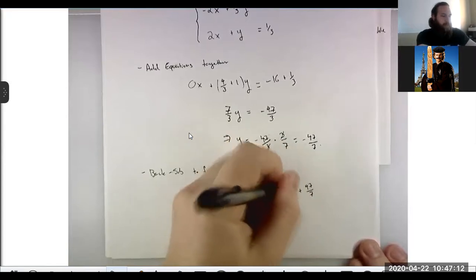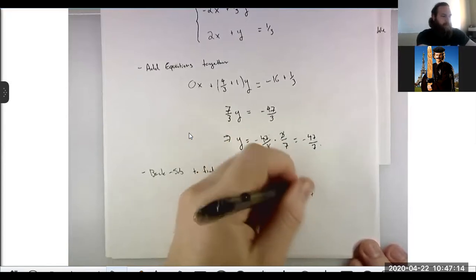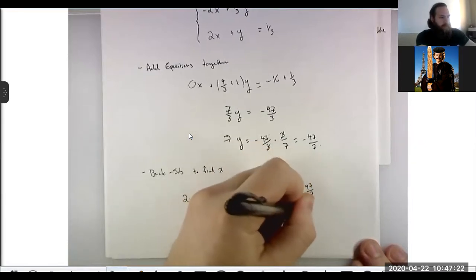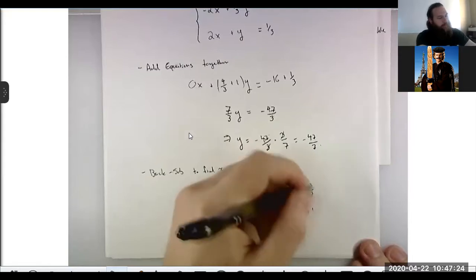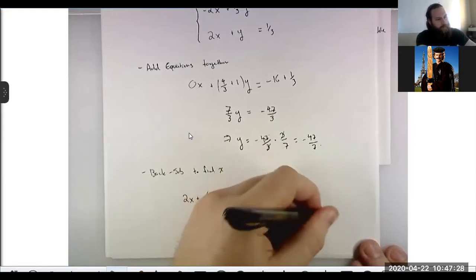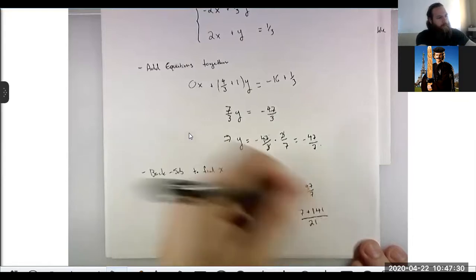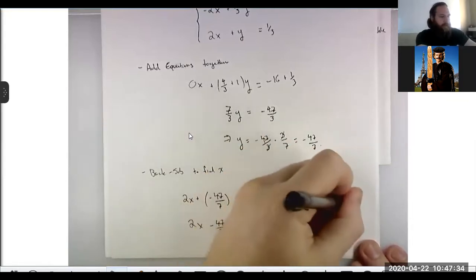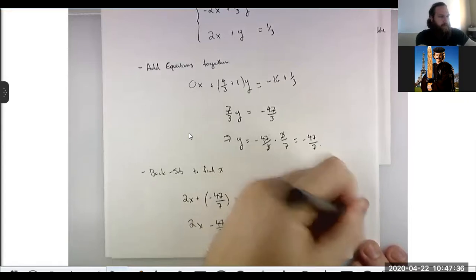So this is 7 over 21, and then 47 times 3 is 141, plus 7 is 148... so this is 7 plus 141 all over 21, and that's 148 over 21.